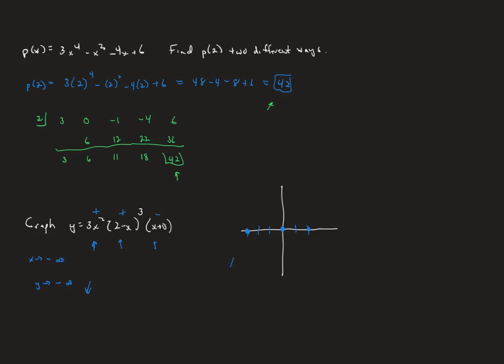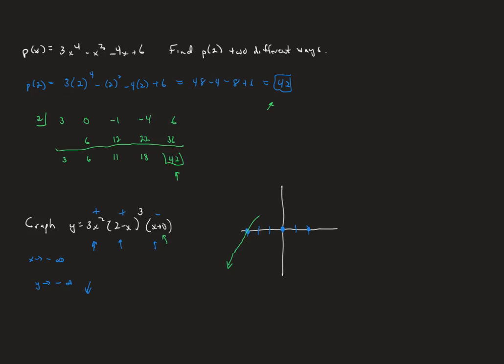So I'm going to say the left-end behavior is here. I'm going to do that in a little bit different color so you can see it separate from the actual intercepts. So it's going to the negative. Now, as we approach that negative 3, that came from this factor, which was to the first, so we're going to just cross as we come up there.